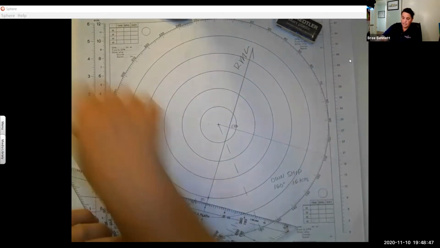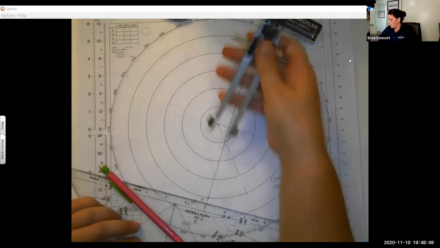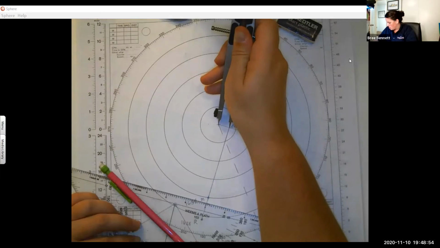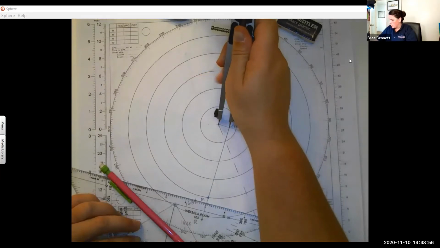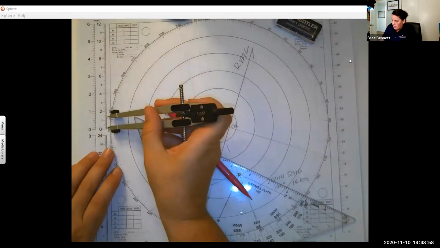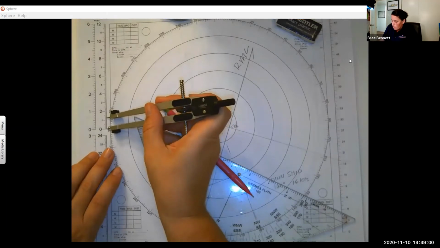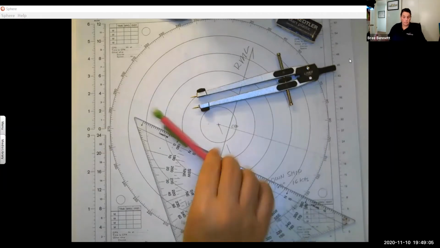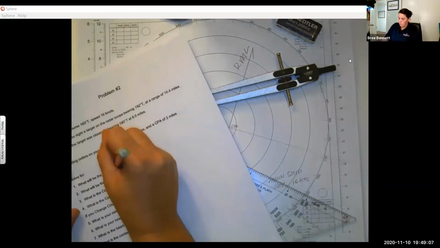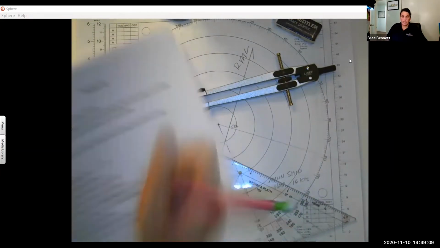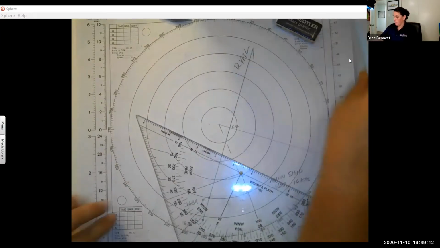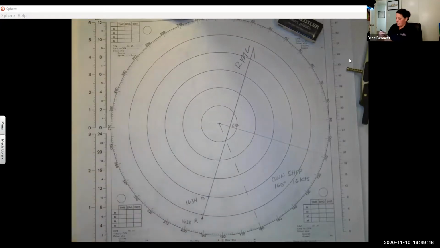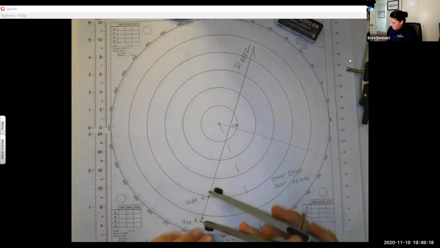So we have a CPA of about 1.2 or 1.3. And our time of CPA, we use that 6 minutes.